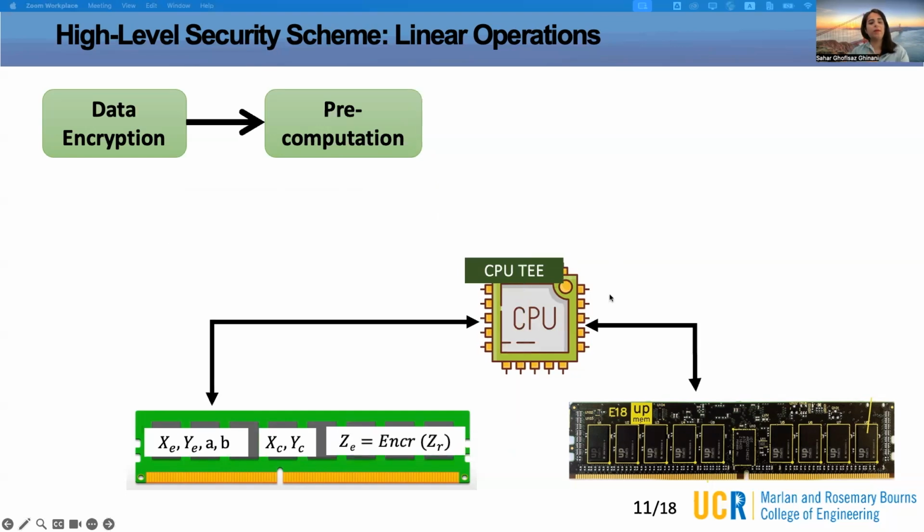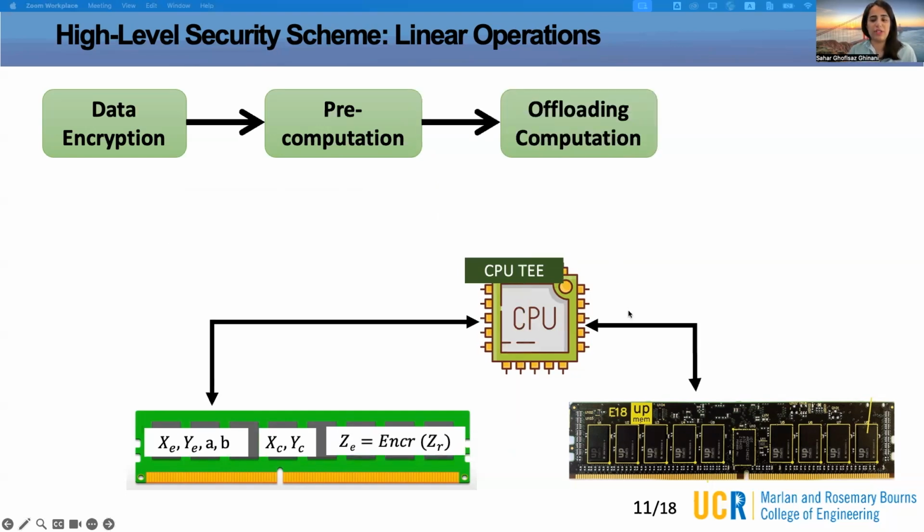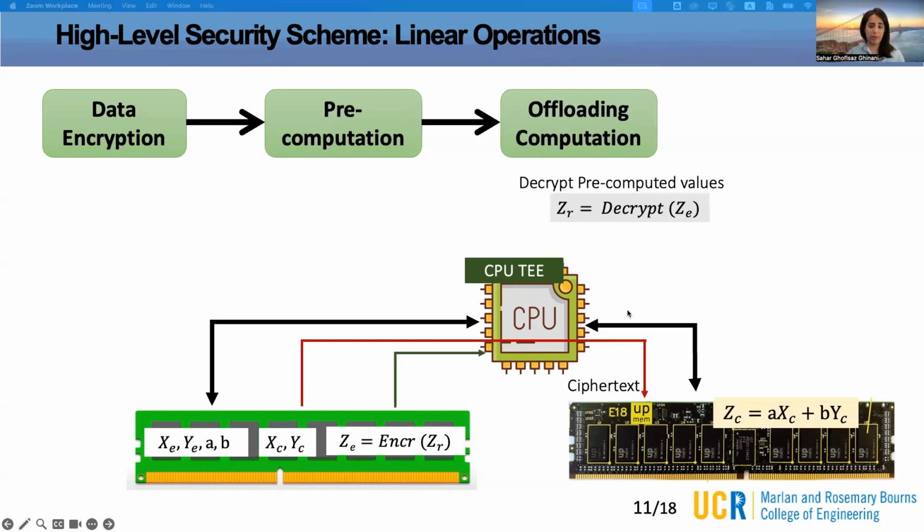At runtime, we offload the ciphertext to the PIM to perform computation over it. When the computation over the ciphertext is done, we will have the other portion of the computation results ready.